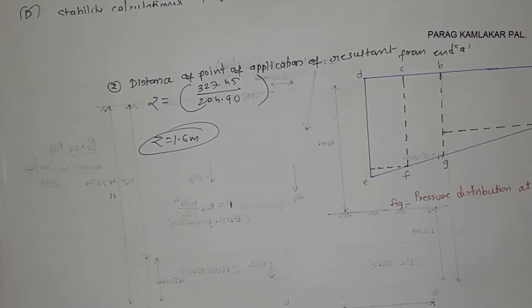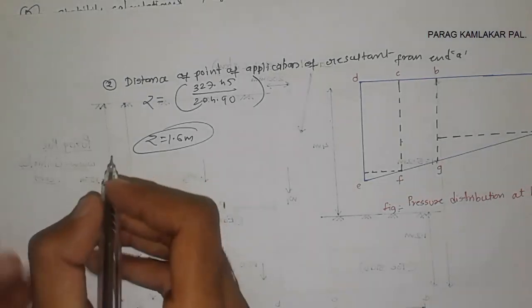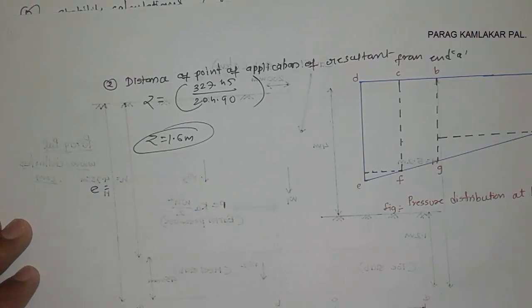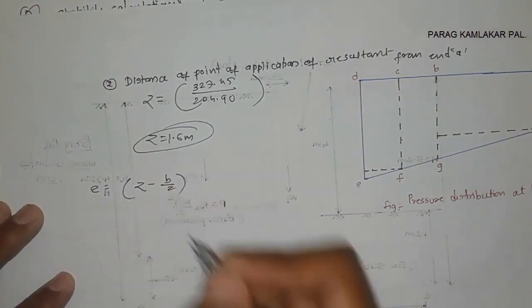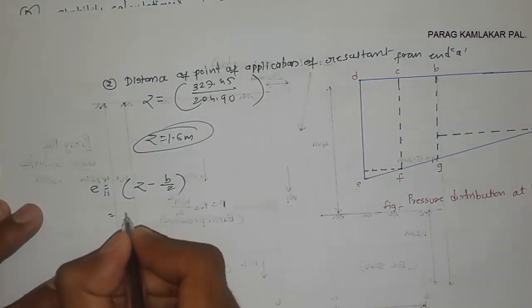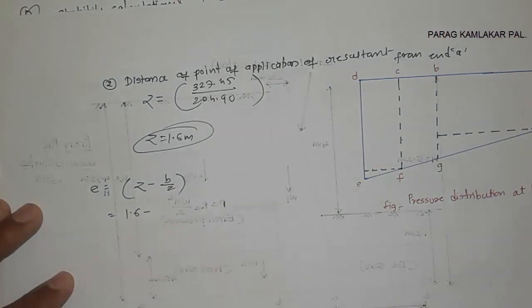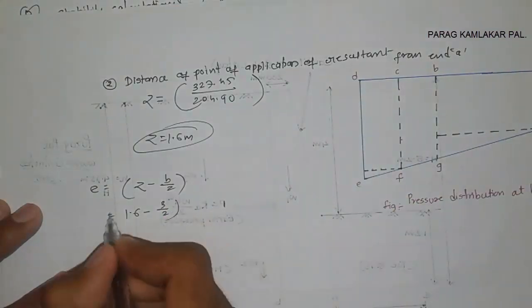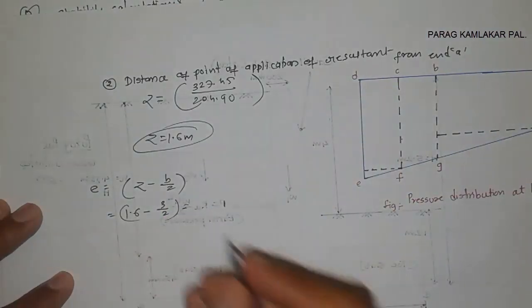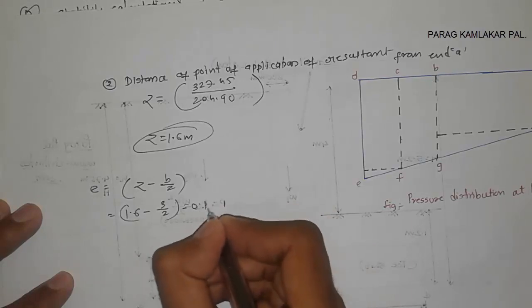Now we need to determine the eccentricity, which is the Z distance minus B by 2. Z is 1.6, minus B by 2, where B is 3. So the eccentricity we get is 0.1 meter.